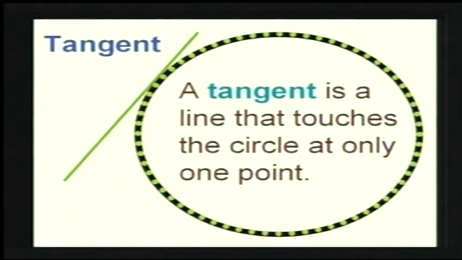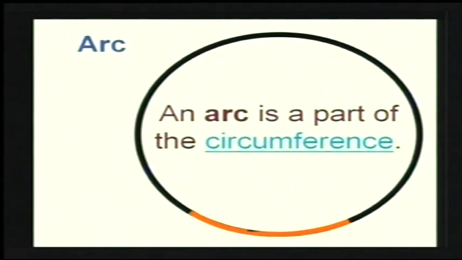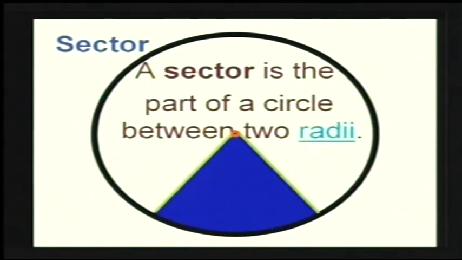The tangent is a line that touches the circle at only 1 point. An arc is a part of the circumference, which is in the red color there. Sector is the part of a circle between 2 radii. Okay, that blue shaded part is known as the sector of the circle.